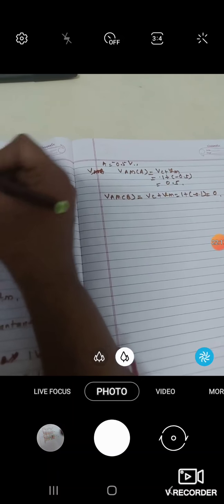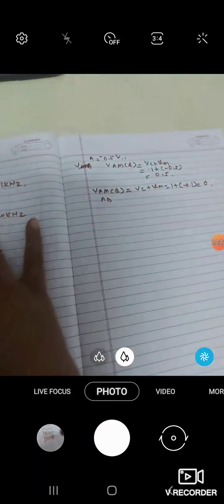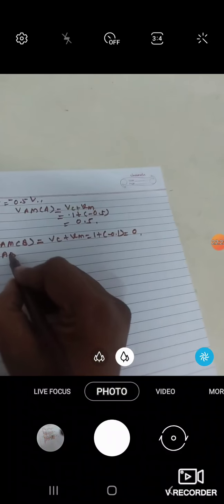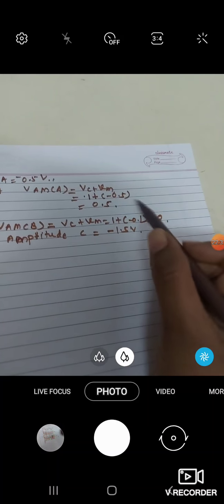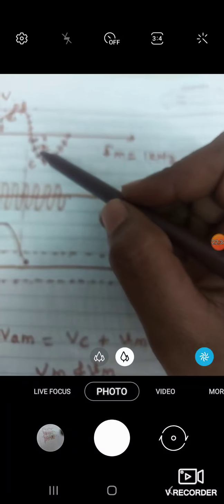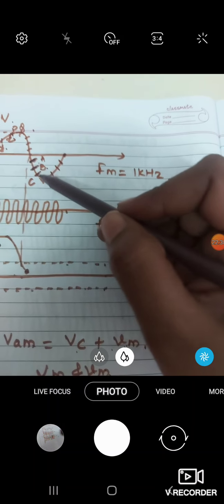Now let us see point C. The amplitude of point C is minus 1.5 volt. So in this diagram, if we see, the amplitude of this point C is minus 1.5 volt.